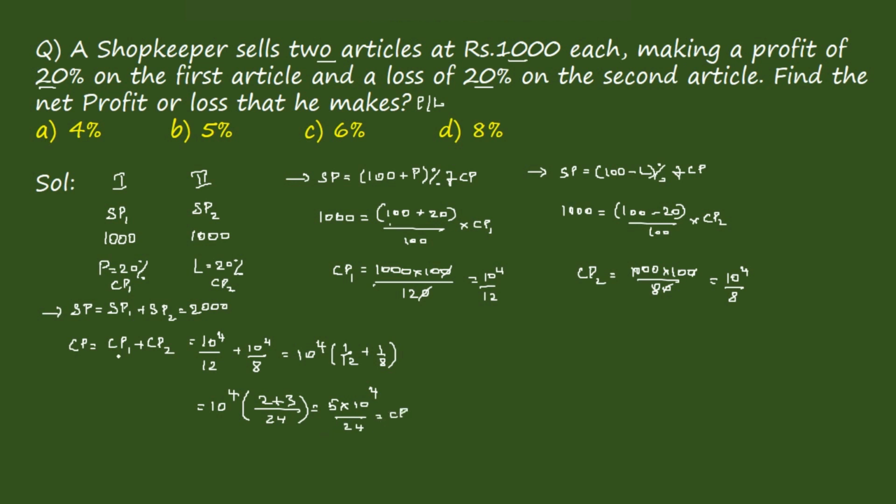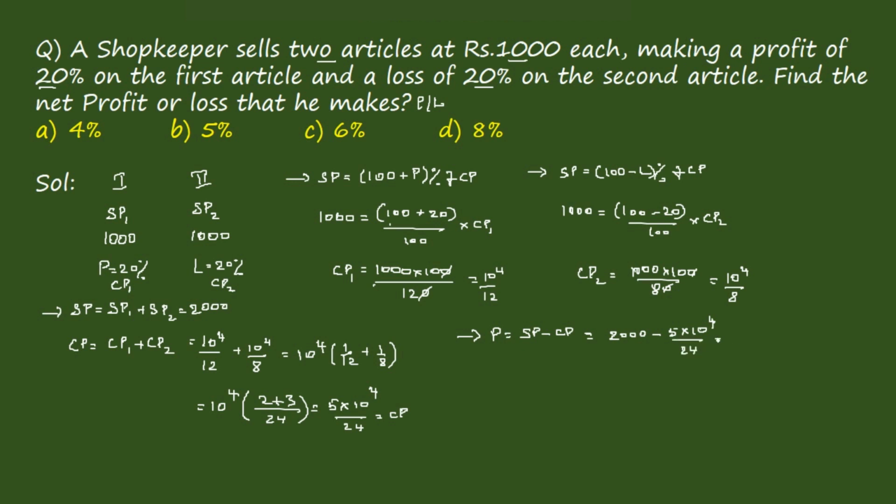We know the cost price and selling price. So we have to find whether it is a profit or loss. Profit is equal to selling price minus cost price. If it is negative, then it becomes a loss. Selling price is given as 2000 minus 5 into 10 power 4 by 24.